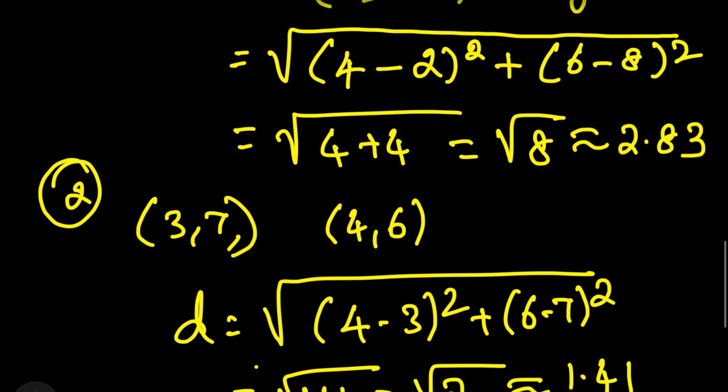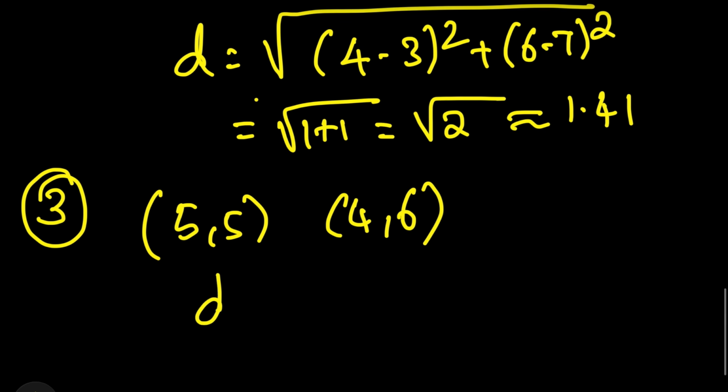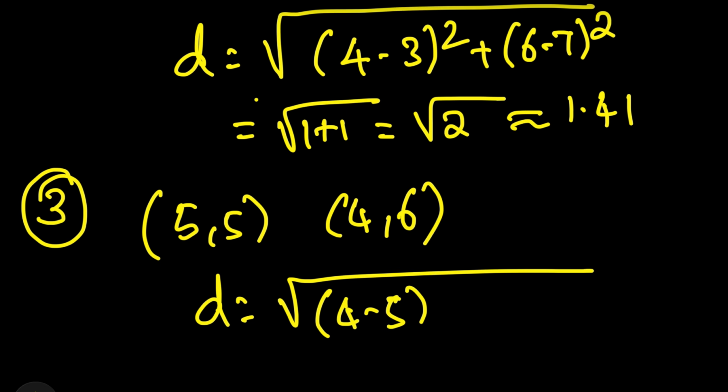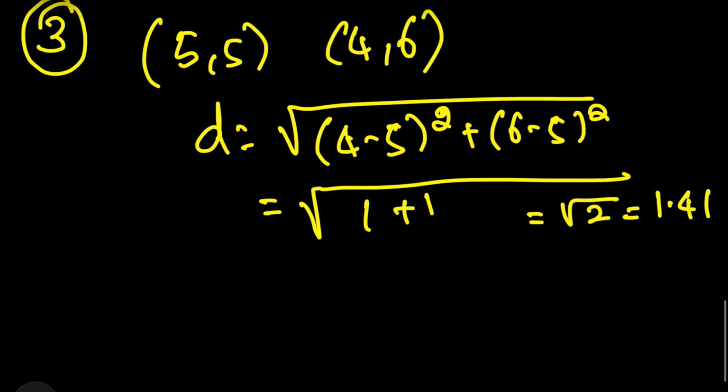So I will take 5 and 5. 4, 6 is the new sample which we need to classify. So here 4 minus 5 the whole square plus 6 minus 5 the whole square. So in this we will again get 1 plus 1, so we will get root of 2, which is 1.41.